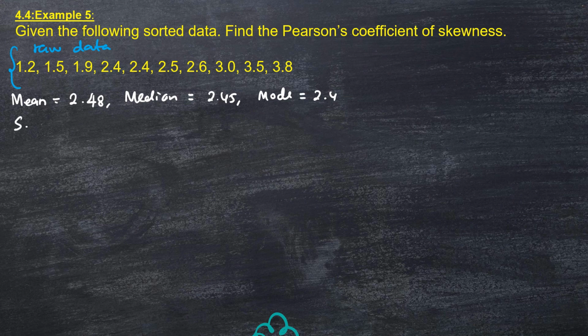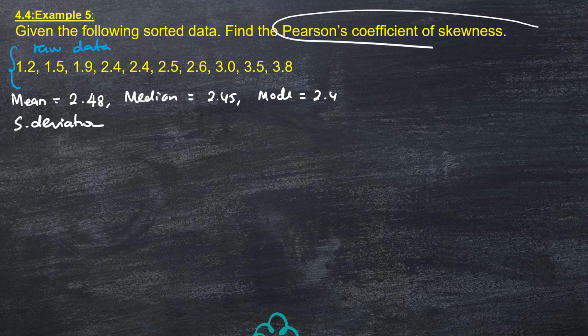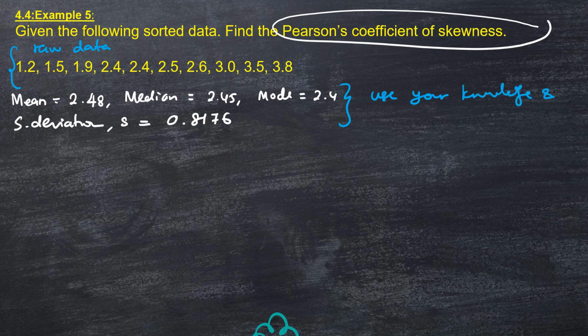Besides, I will calculate the standard deviation, because you will need it to calculate Pearson's coefficient of skewness, which is equal to 0.8176. For this, please use your previous knowledge and your calculator to find them, right?